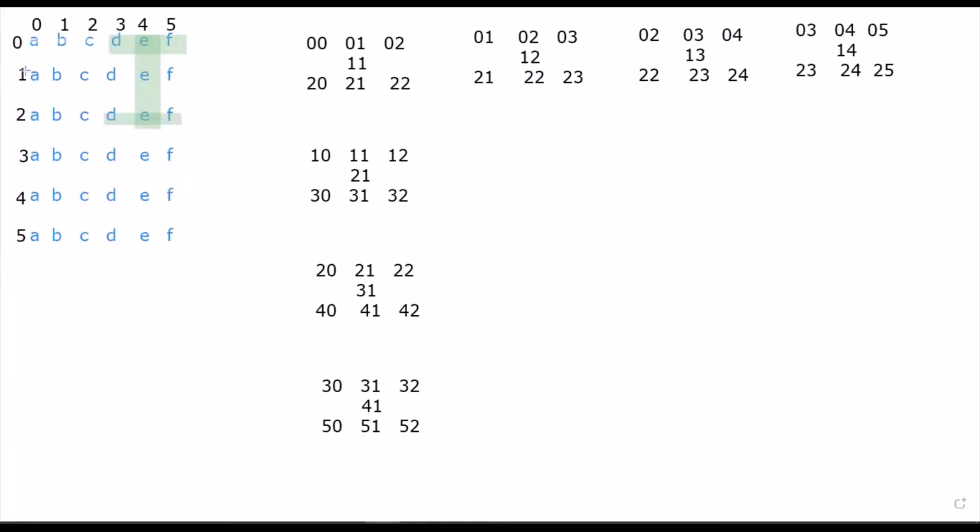Similarly, starting from this row, this is the first hourglass, and similarly 4 hourglasses are possible. I have written the indexing of the first hourglass, and the rest you will write. Similarly, starting from the second row, this is the hourglass, and the indexing of each element I have written here. Similarly, starting from the third row, this is the hourglass, and the indexing I have written here.